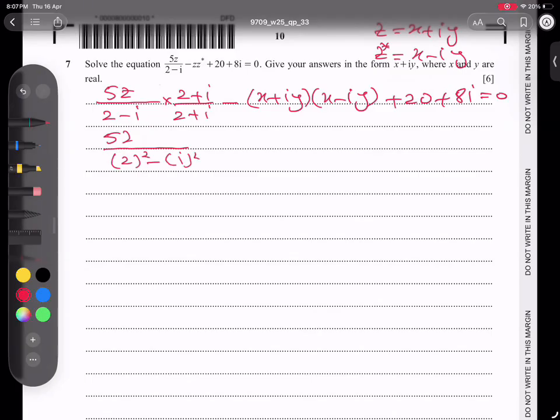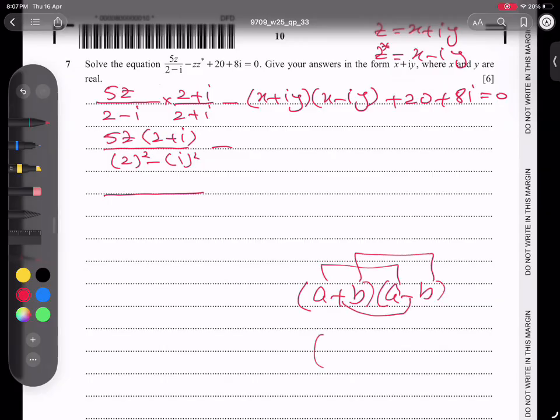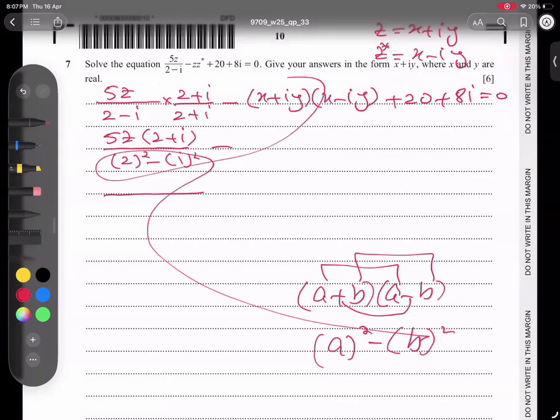And on the top, I got a 2 plus iota. What about this? Same story which I'm doing here. If first term matches, second term matches, signs opposite, we can apply the basic rule, A plus B, A minus B. If first term same, second term same, sign opposite, square of first term minus square of second term. Same I'm applying here and here.